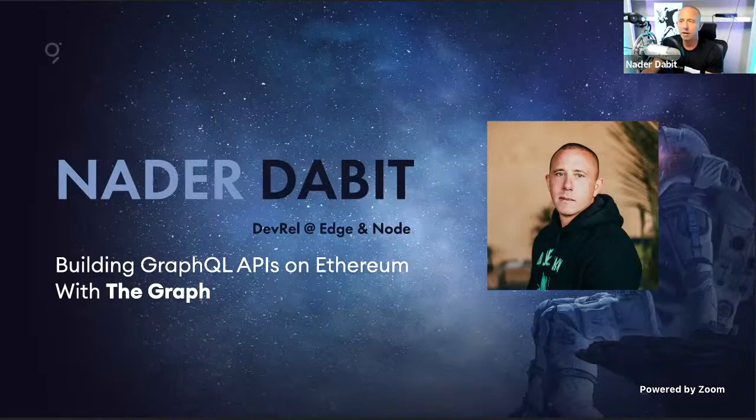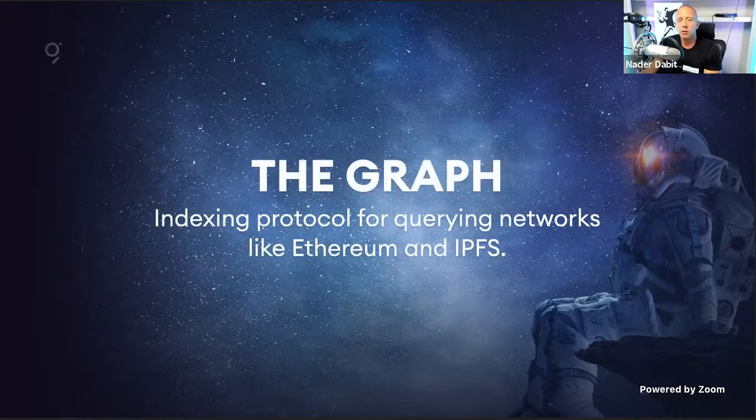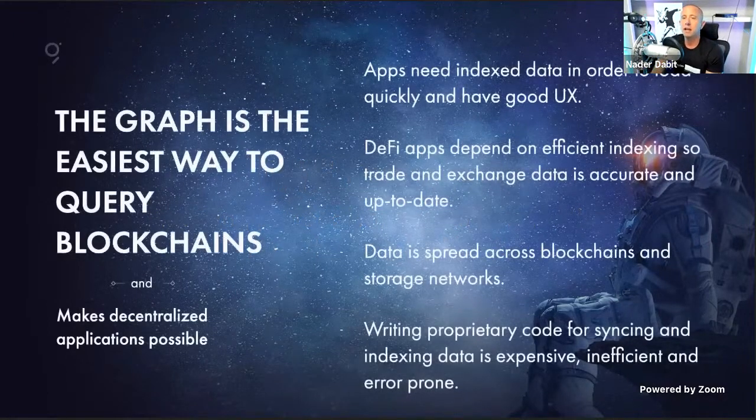So I'm going to go into why the graph exists and why you might use something like this. The graph is an indexing protocol for querying networks like Ethereum and IPFS. The reason you might use something like the graph is that, in the past, if you wanted to build out a performant or nice user interface or front-end application on top of any blockchain data, it's not that easy to get really good querying capabilities directly from the chain.